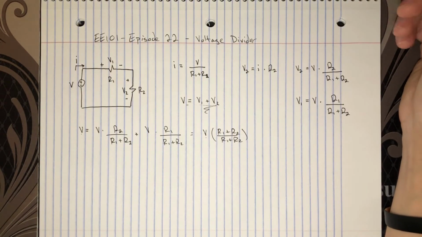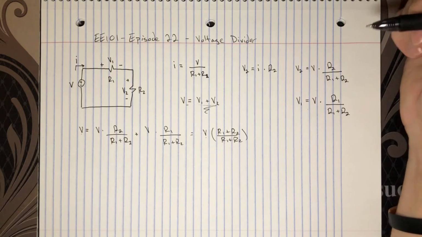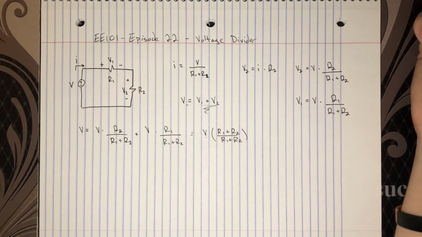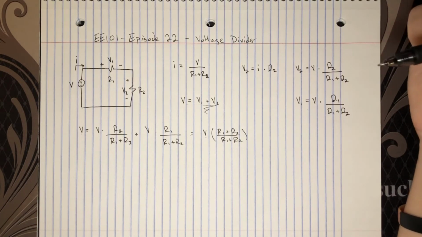So many times we will design circuits that function as voltage dividers, but it just so happens that as a consequence of designing circuits, voltage dividers appear everywhere.